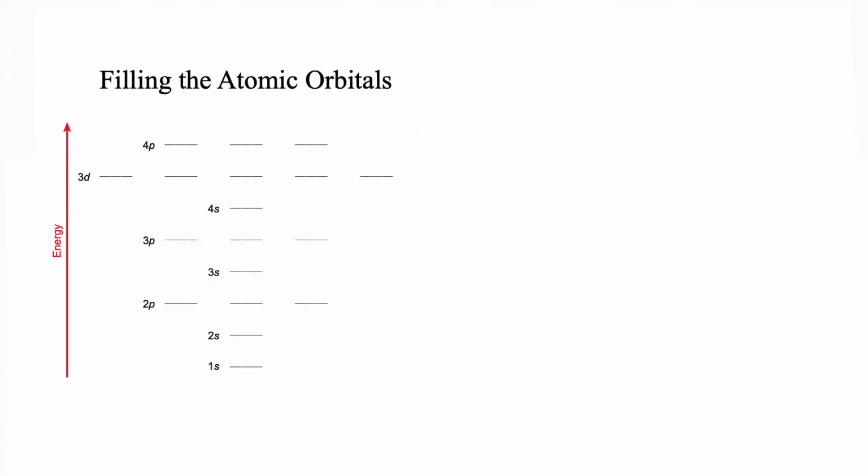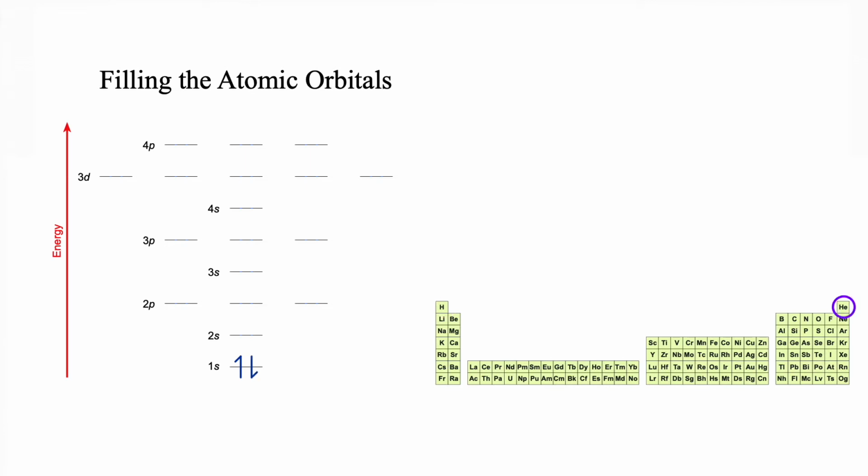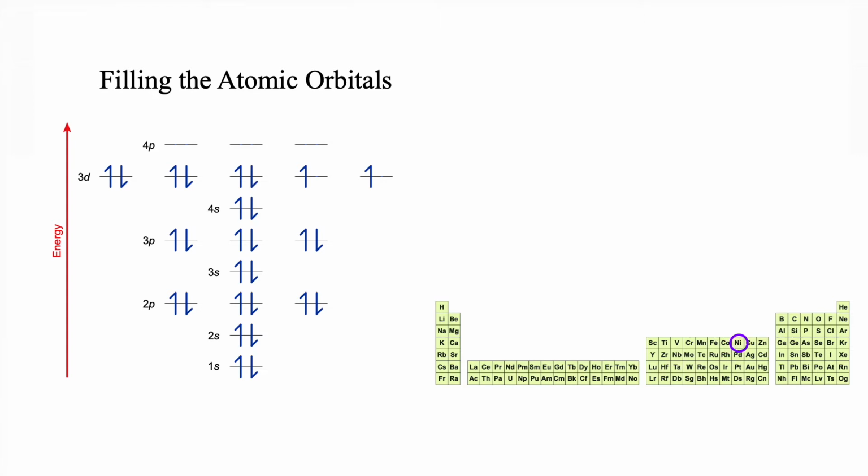So we can now look at the filling of the atomic orbitals: hydrogen, helium, lithium, beryllium, boron, carbon, nitrogen, oxygen, fluorine, neon, sodium, magnesium, aluminium, silicon, phosphorus, sulfur, chlorine, argon, potassium, calcium, scandium, titanium, vanadium, chromium, manganese, iron, cobalt, nickel, copper, zinc, gallium, germanium, arsenic, selenium, bromine and krypton, etc.